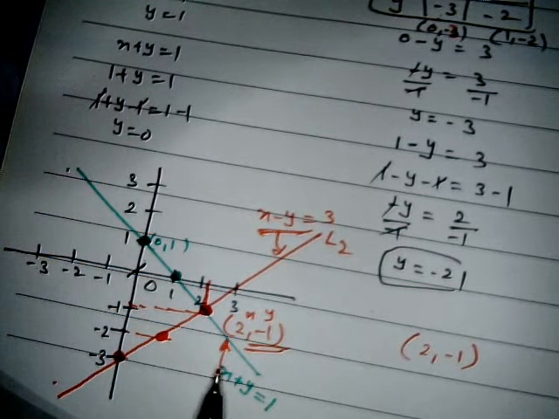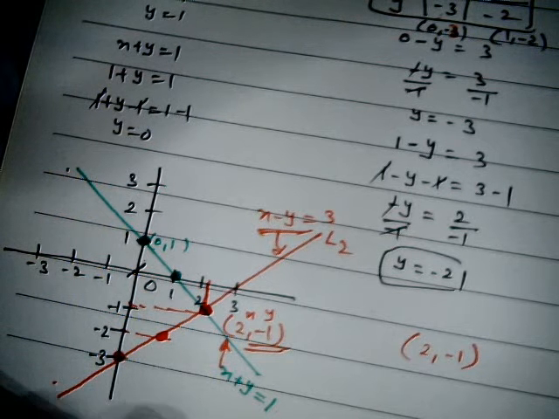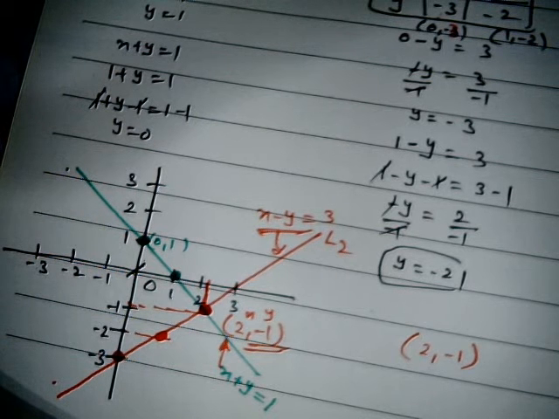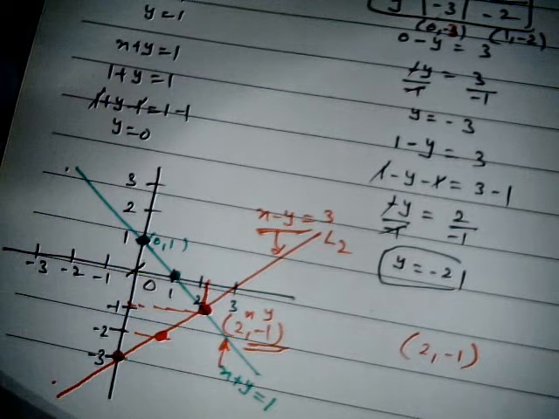Either you solve graphically or analytically. If you solve analytically and the x and y values come out, the solution is consistent and unique. For a unique solution, this kind of graph pattern will appear.